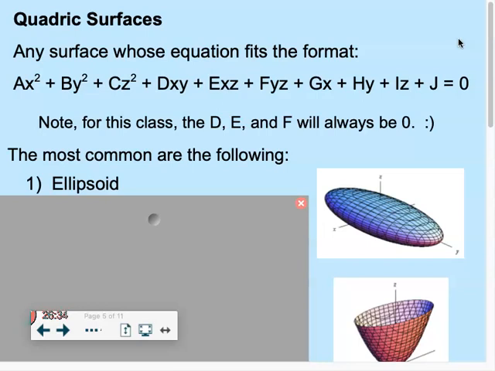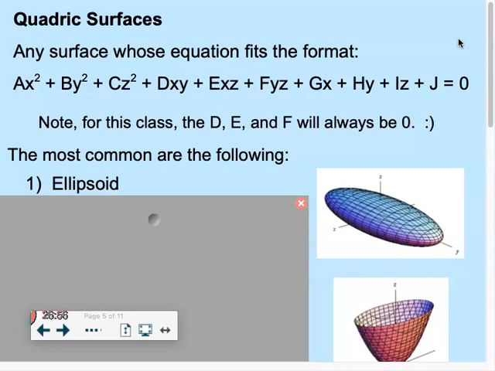At least one of those coefficients of an x squared needs to be a number. If it was just a number, technically it wouldn't be a quadric surface, because it's just going to be a plane.